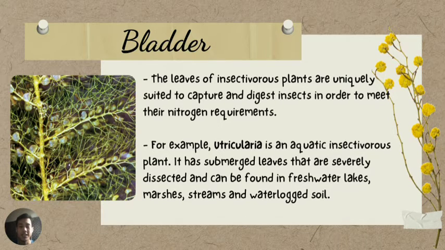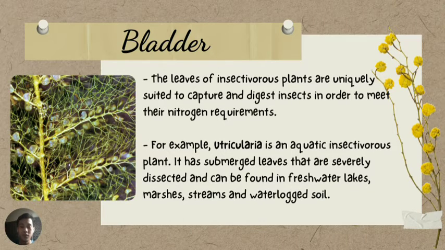Utricularia is an aquatic insectivorous plant. It has submerged leaves that are severely dissected and can be found in freshwater lakes, marshes, streams, and waterlogged soil. Utricularia is almost like pitcher, but the difference is that Utricularia is a little bit tiny, around 1 to 6 millimeters.